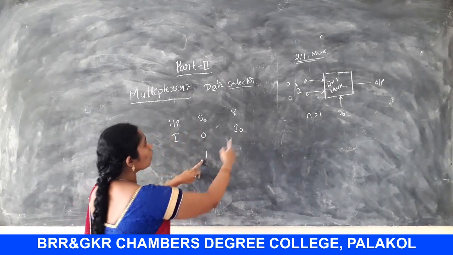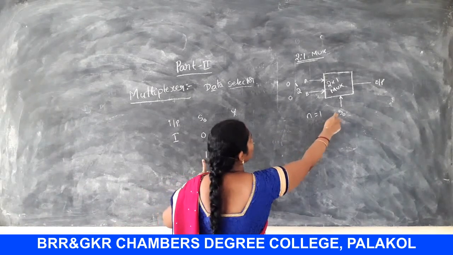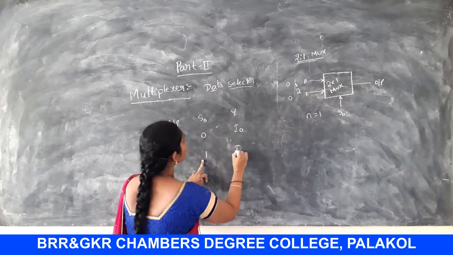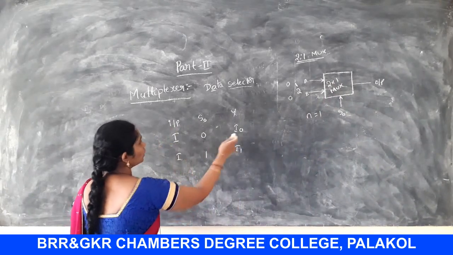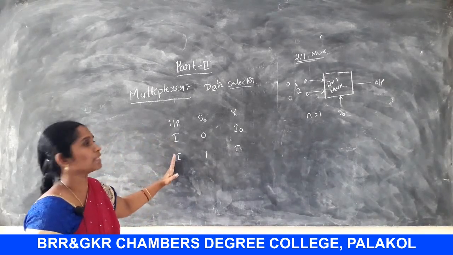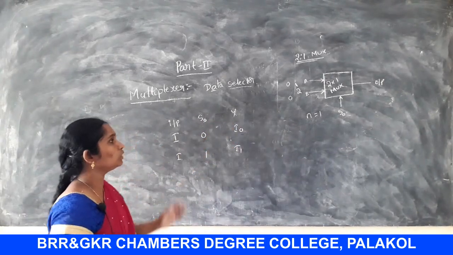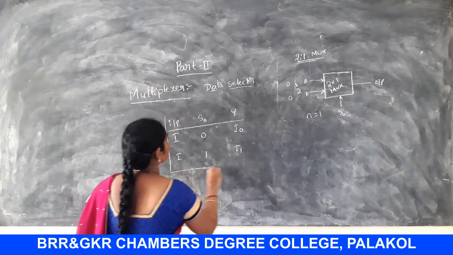When I apply 0 1, that is nothing but 1, it will select the 1 and therefore it will give I1 as an output. So this is the input line. I mentioned these for understanding purposes. So this is the truth table for the 2x1 multiplexer.